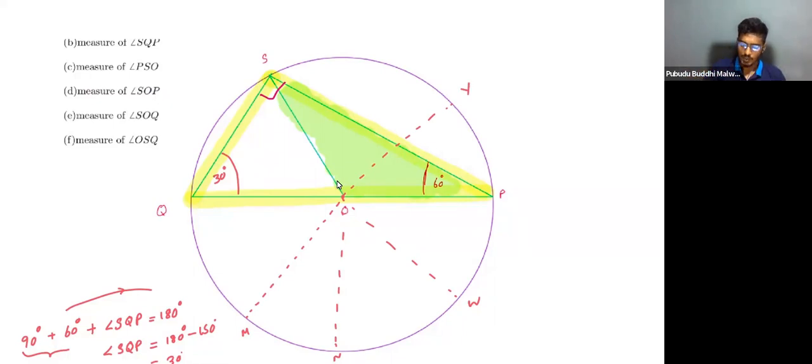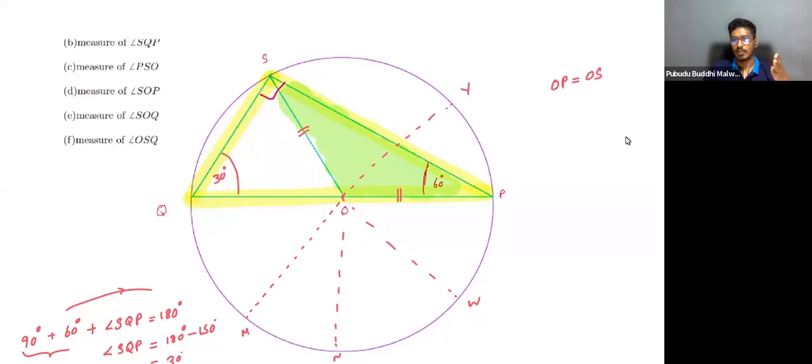So OP equals OS. Therefore, I can mark that using a symbol like this. In other words, this is an isosceles triangle. Hence, the angles opposite equal sides should be equal.